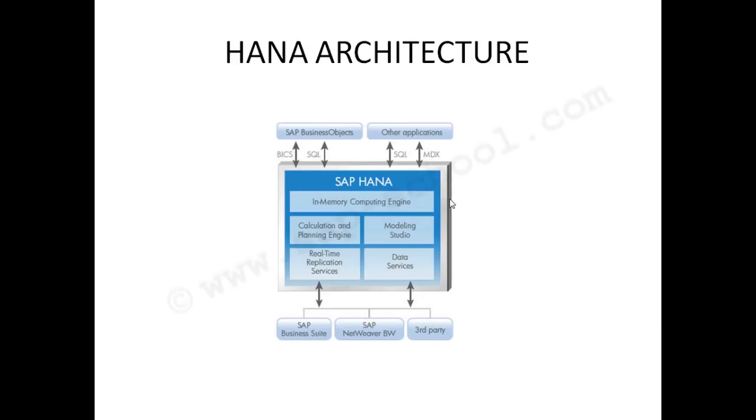Everything is done in the database, so that saves a lot of time and a lot of storage, because you don't have to bring the data to the application server every time you have to do a computation. So this is a very wonderful database. Once you have the data in HANA, you can perform very complex analysis of business information using the reporting tools.